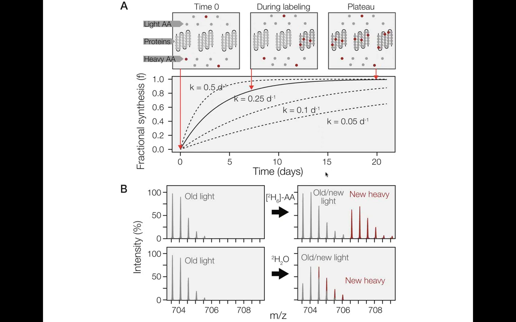So one thing about ProTurn is that it's specifically designed to handle heavy water labeling. In figure B here, you could see the difference between, let's say, N15 or heavy amino acid labeling on the top here, where you would essentially create a new cluster of peptides that you could see in a mass spectrometer, and then you could quantify the amount of new proteins rather easily by just comparing the intensity of this new cluster to the old cluster.